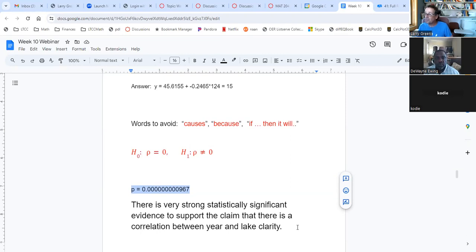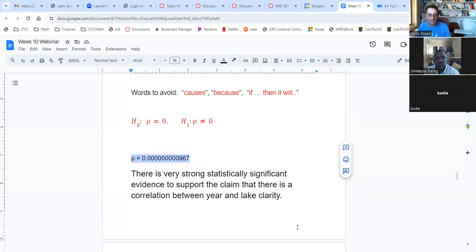Any questions on the conclusion to the hypothesis test? Okay, if not, let's continue on.